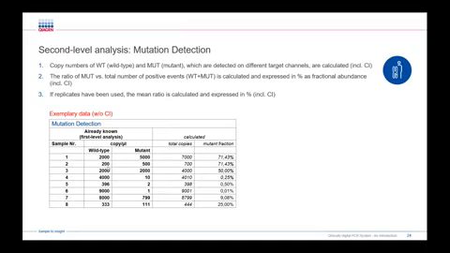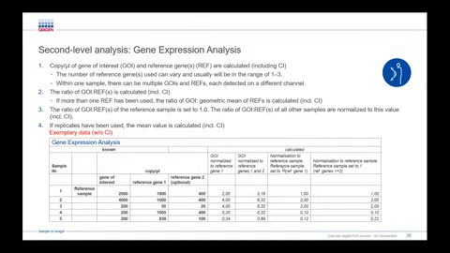In sample 2, the copies of both targets are much lower. Still, the fractional mutation abundance is identical to sample number 1. And we could go through all of those samples, but this would take quite some time. Therefore, I rather proceed to the next type of second-level analysis, namely gene expression.